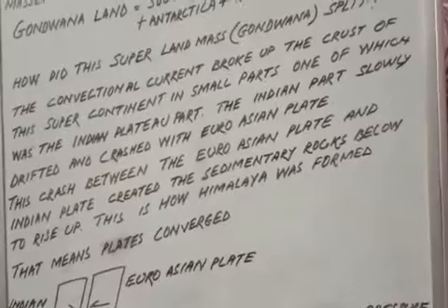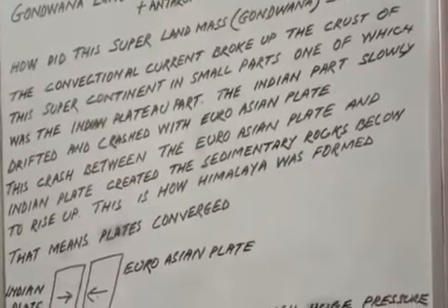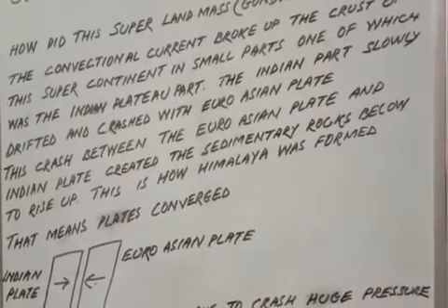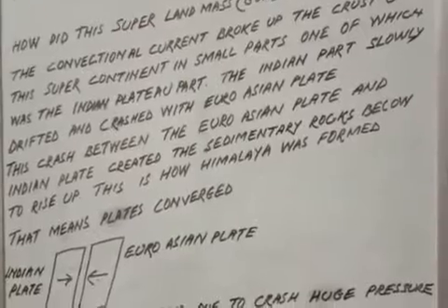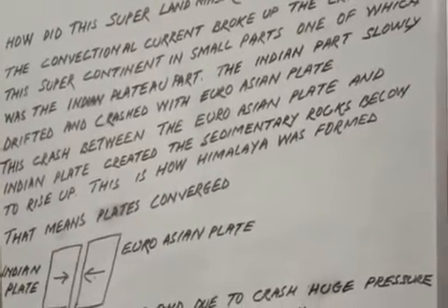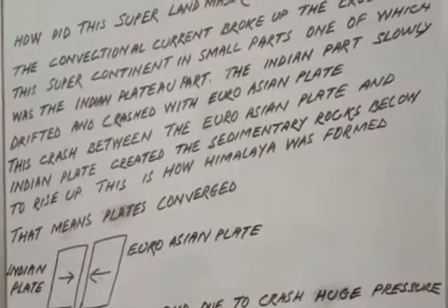This crash created the sedimentary rocks to rise up. When these two huge landmasses crashed with each other, it created huge pressure, and due to the pressure, the rocks below rose up.